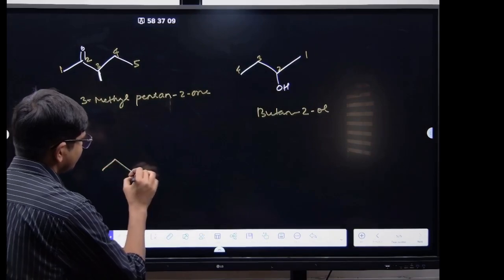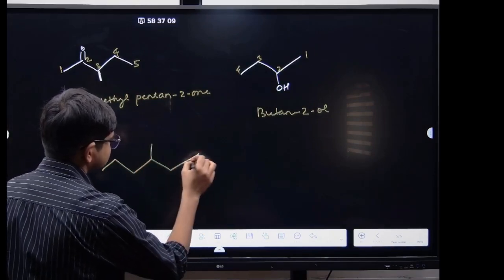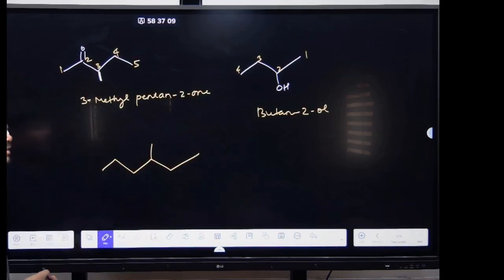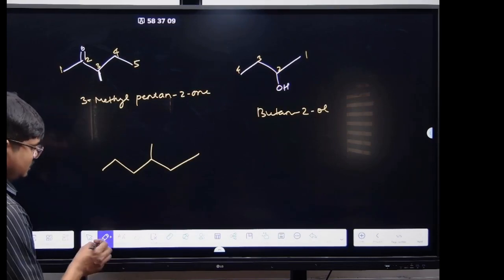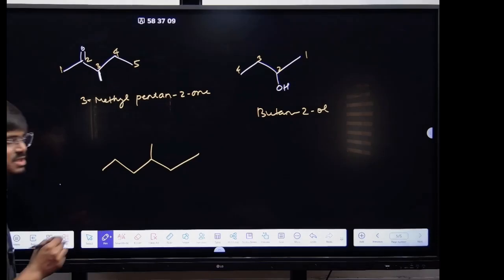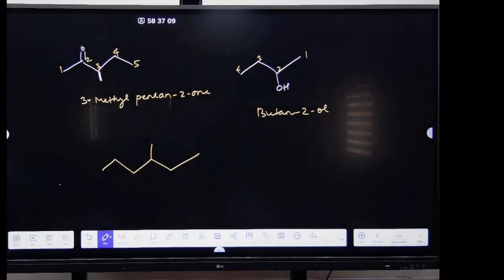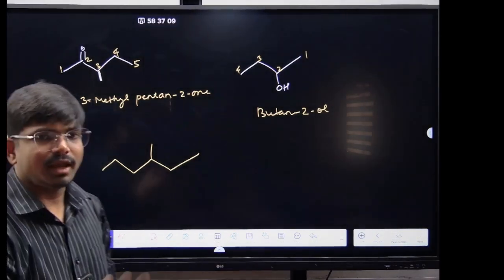Look at one more. Suppose you have this compound. What is the name for this compound? Where to start? It will start from the longest chain. It does not have any functional group, which means it will end with ane only.